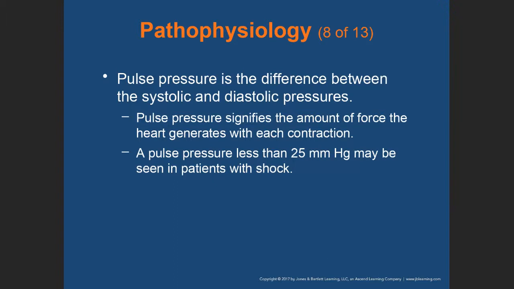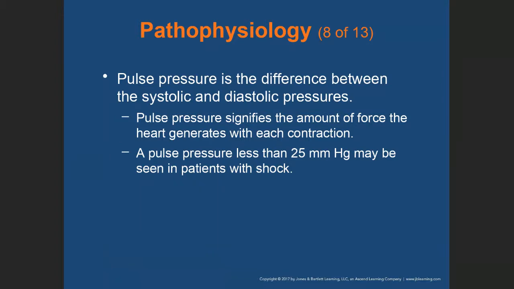Now, apart from obtaining a blood pressure, you will need to be familiar with the pulse pressure, because the pulse pressure is important to your shock patients. The pulse pressure is not the same as a pulse rate. The pulse rate is when we count the pulsation for 15, 30 seconds or a minute, depending on whether it's irregular or not, and we determine the beats per minute.